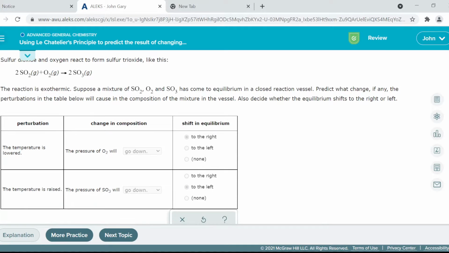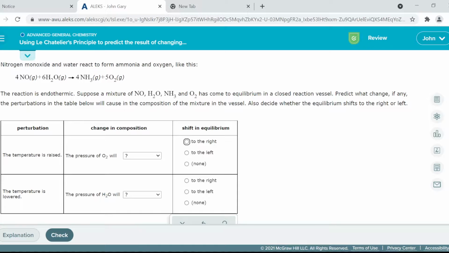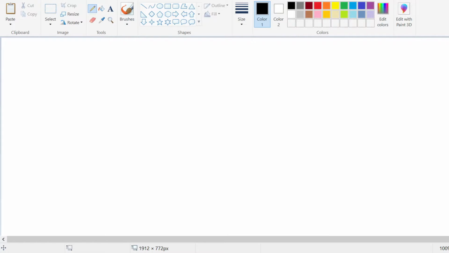Alright, so now let's do another one. Let me do more practice, see if it gives me an endothermic. It does. Alright, so I'm going to clear this off and write my next equation, which is NO plus H2O yields, and I'm not worried about balancing the equation necessarily for these.